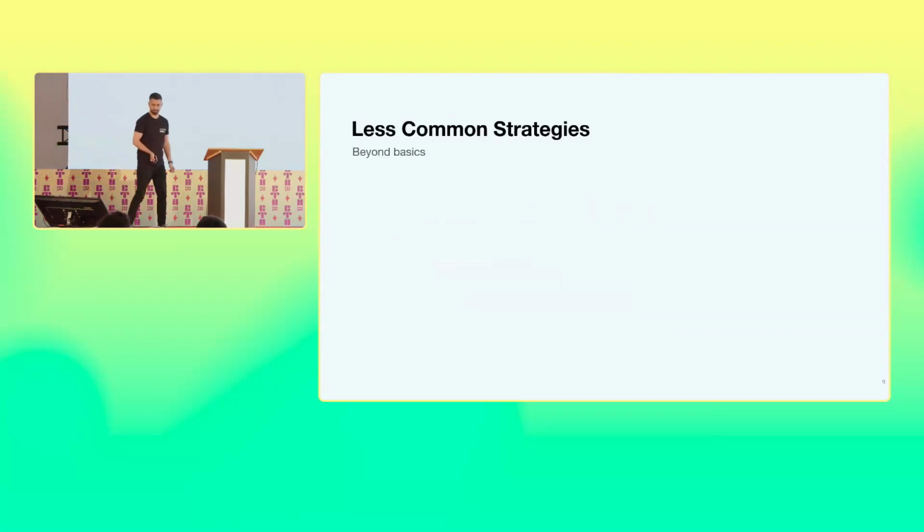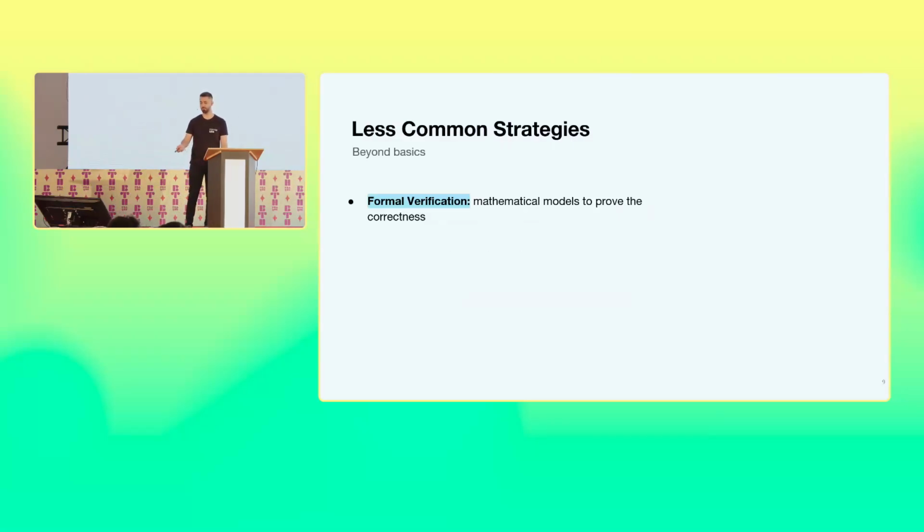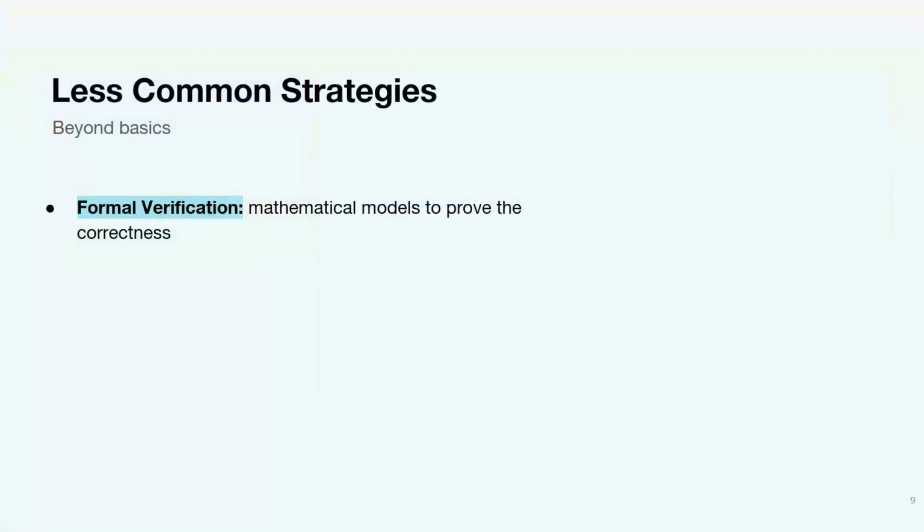Okay, now let's talk about less common and more sophisticated strategies that we use. And I will start with formal verification. So unlike the traditional testing methods we discussed, where effectively you execute your code, with formal verification, you use mathematical models to prove the correctness of your code.